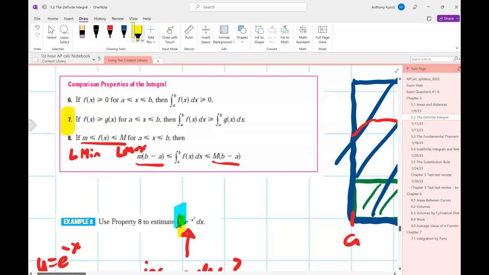If you have one function that's always bigger than the other function, always higher than it, and I integrate those, you still have that same relationship: the area under the lesser function should be less than the area under the bigger function, which is very intuitive.